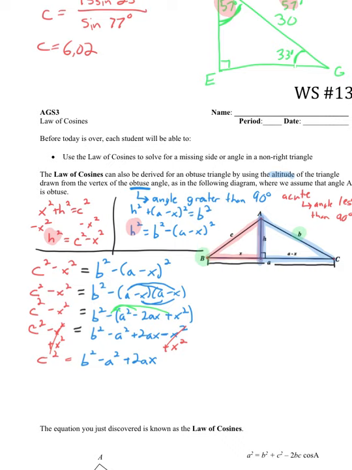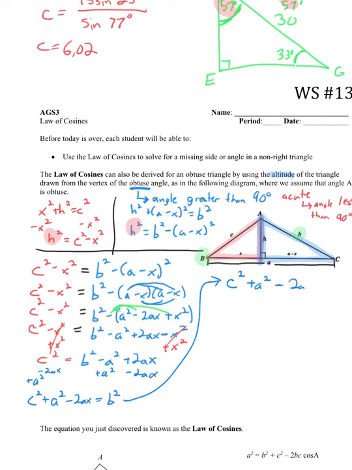So what we would do is get the b squared by itself on one side. We're going to subtract 2ax from both sides. We're going to add a squared to both sides. So we get c squared plus a squared minus 2ax equals b squared. We're just rewriting this equation a different way.